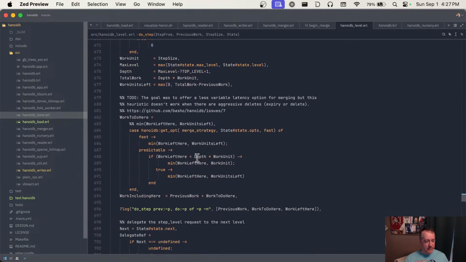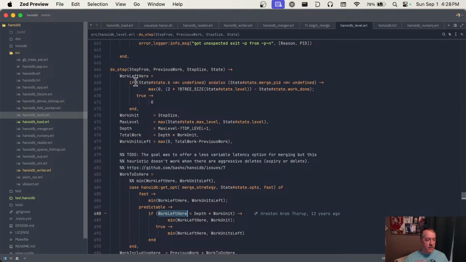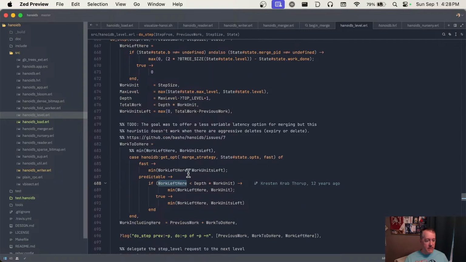Okay, so the predictable here, this could have reused total work, but okay, so the work left to do, so this is the maximum work that could be done in this level, right?